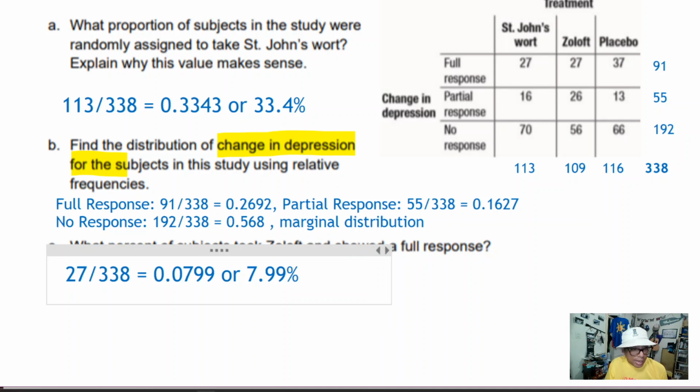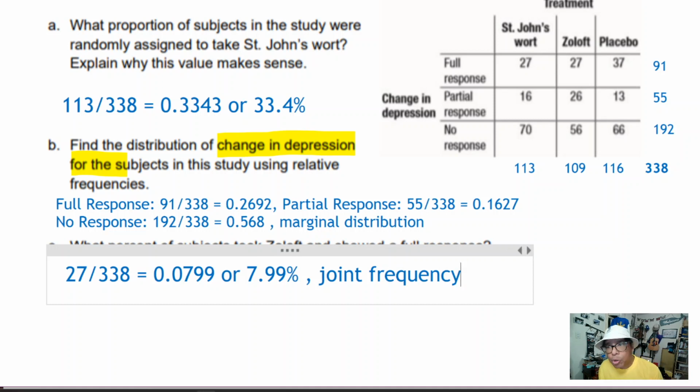This is a joint frequency. Our number in the numerator, 27, comes from the intersection of two different categorical variables. So that's going to be a joint frequency.